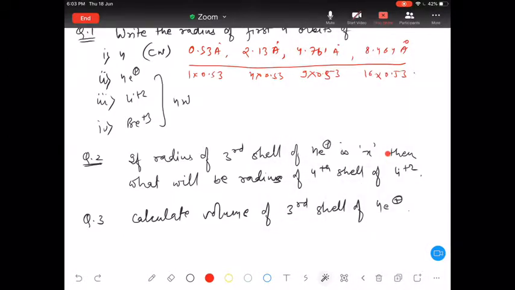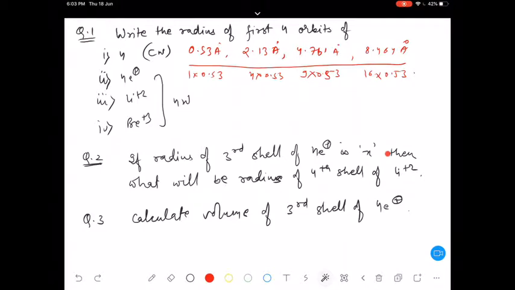Should I solve? If you are unable to solve, just let me know so that we'll save some time. I'll solve these for you.